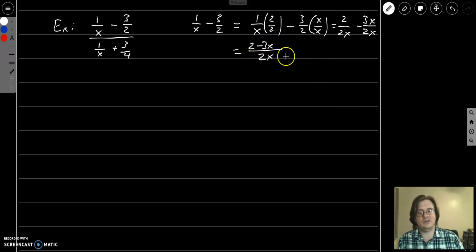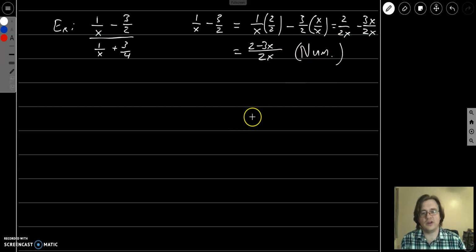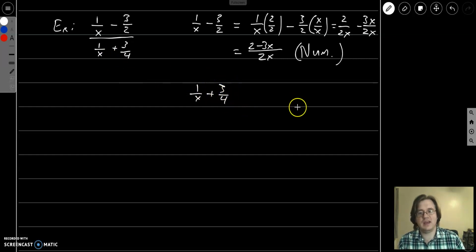So this is going to be the numerator. Let's look at the denominator now. We've got 1 over x plus 3/4. Again, we'll go through the same thing. The only factor of x is x. 4 will have a factor of 2 and of 4, but the common denominator is going to be x times 4, since the x doesn't have any factors of 4 in it.